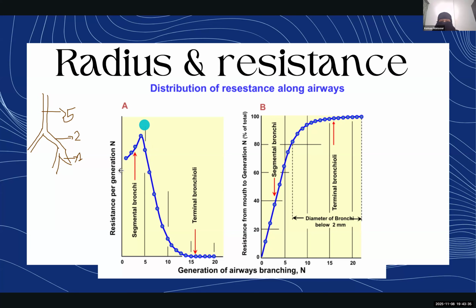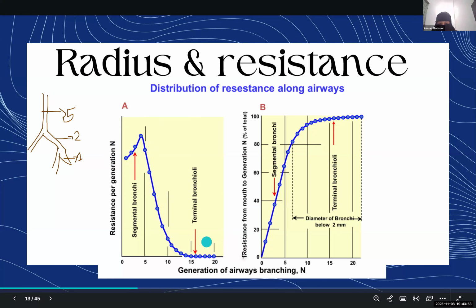It goes high and then becomes super low as you divide. Any questions over here? High airway resistance, yes, over here in the upper airways. Why? Because the radius is low compared to the lower airways, okay?